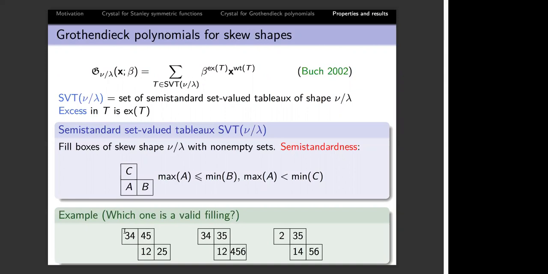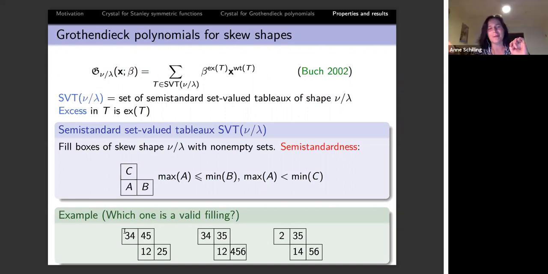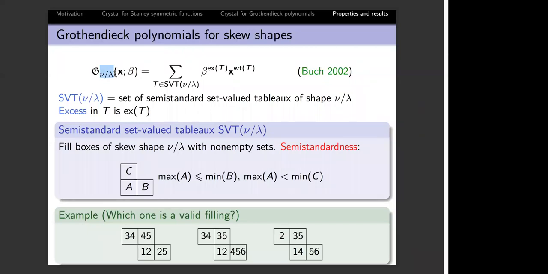I will recall the residue map again. You can get from the skew shape to the w by looking at this residue map. I will get back to this, so wait for that.